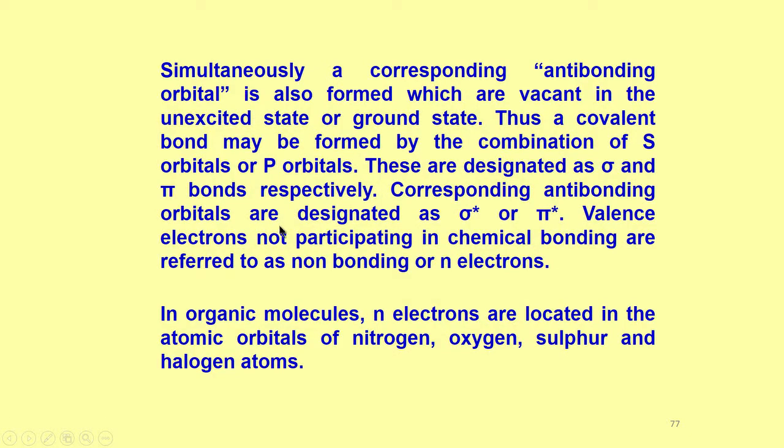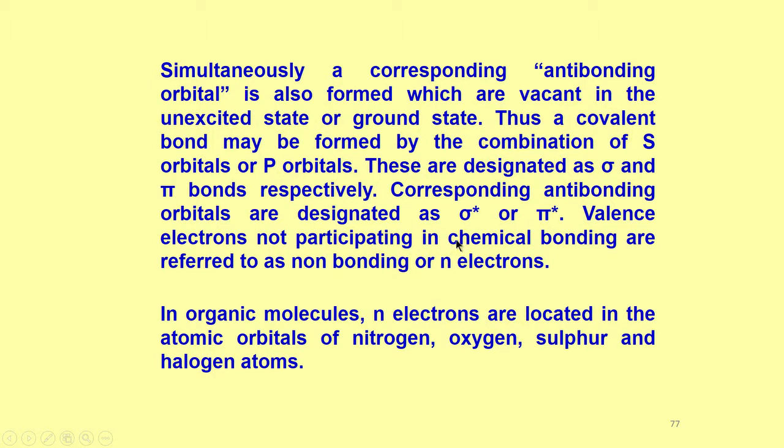A combination of electrons from the s orbital and p orbital will give you a bond in the space between, neither in s nor in p, but a vector combination. The corresponding anti-bonding orbitals will also be there at higher energy. They are designated as sigma star or pi star.